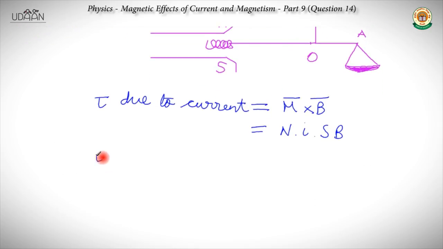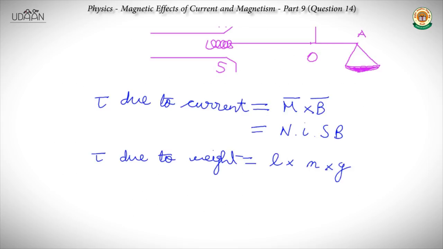And then torque due to weight will be equal to L, the length of OA, into M into g, basically r cross F. So this is the F, this is r, which is equal to L.